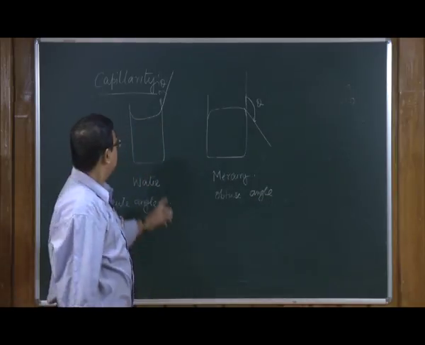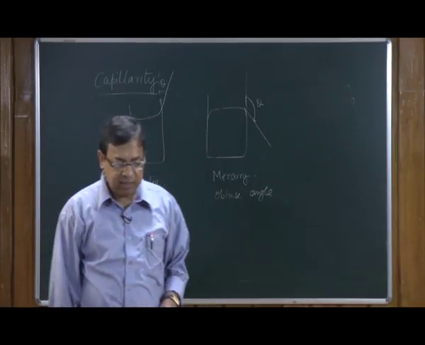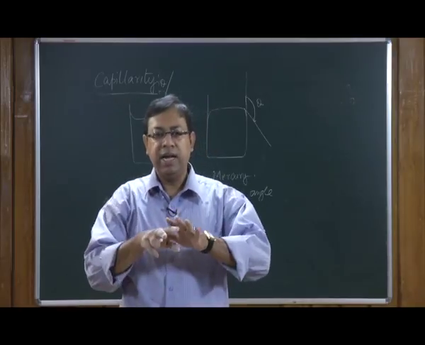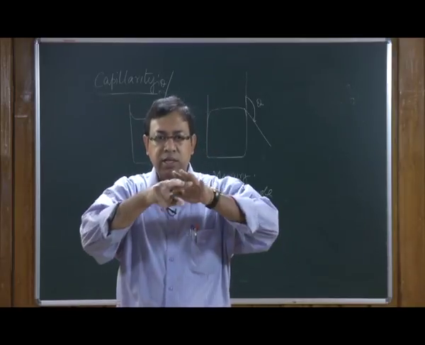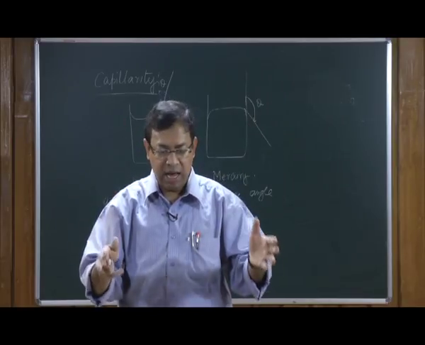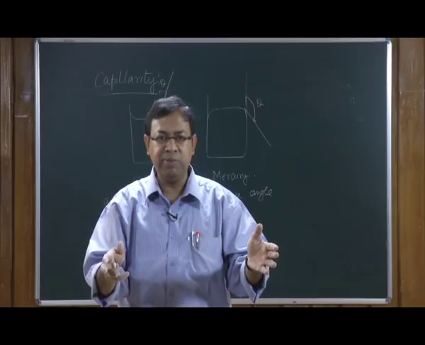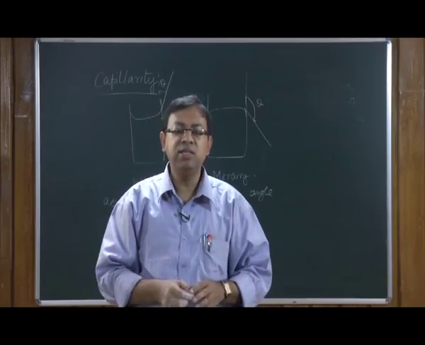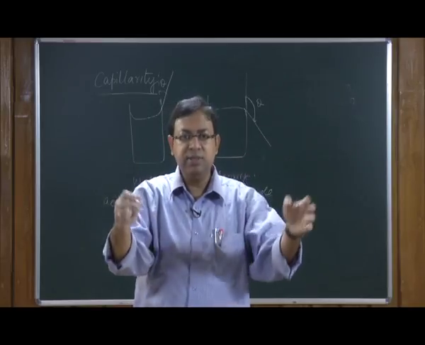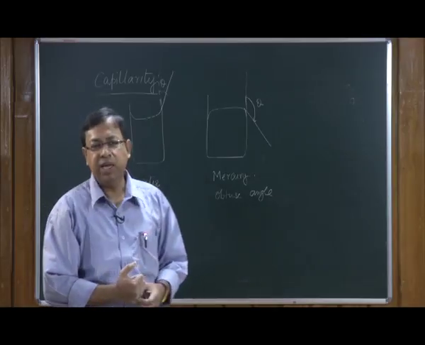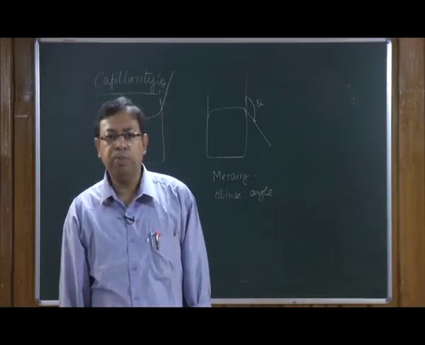So, these are the two kinds of liquid that we have. When the surface comes in contact with the surface of the beaker or the glass or the container that it is kept in, either the liquid meniscus rises or the liquid meniscus dips, as shown here, making either an acute angle or an obtuse angle.